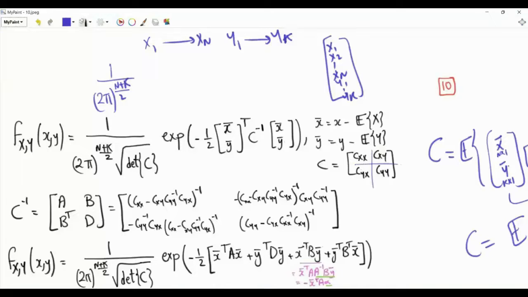If you have a matrix that is divided into blocks like this, then you can show that the inverse of this matrix can be expressed like this. So now we can express the inverse in terms of those blocks that constitute the matrix C. And then we will call these blocks A, B, B transpose, and D.